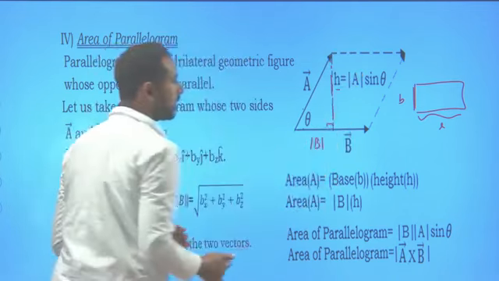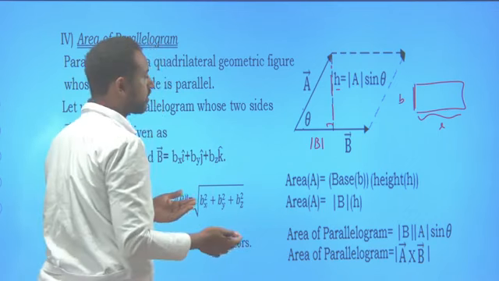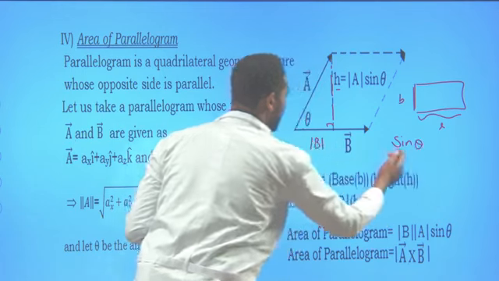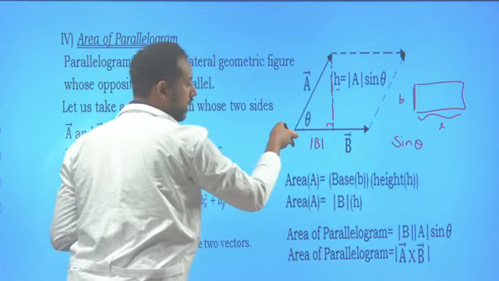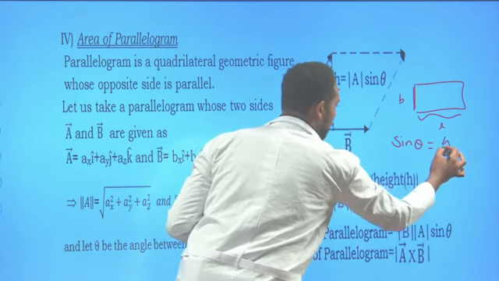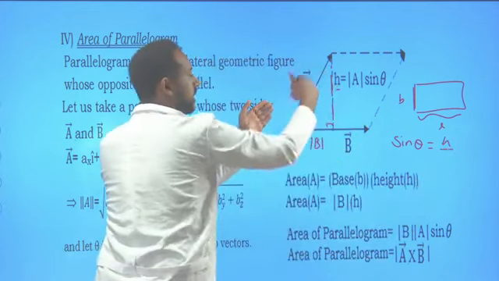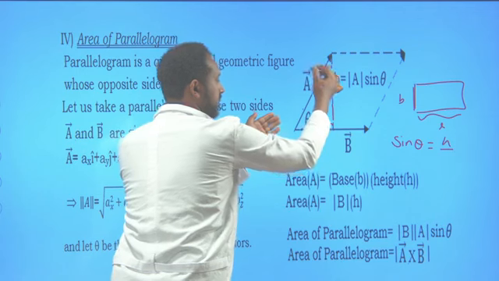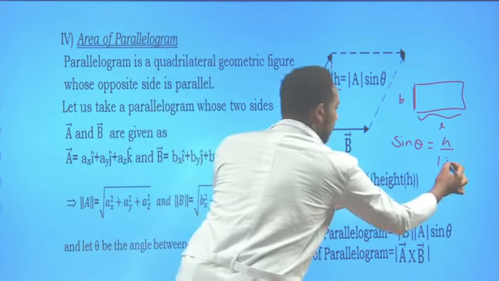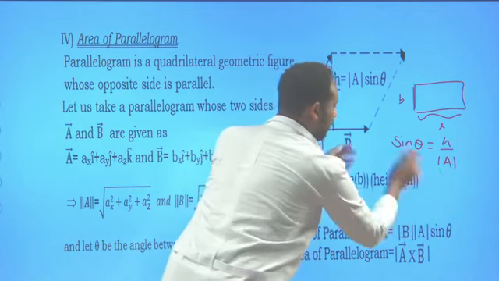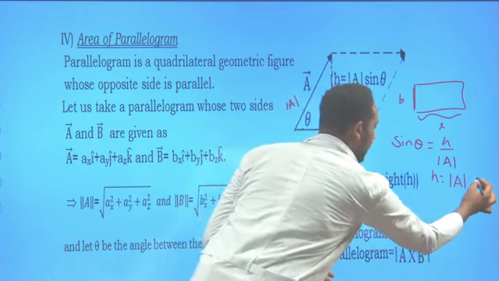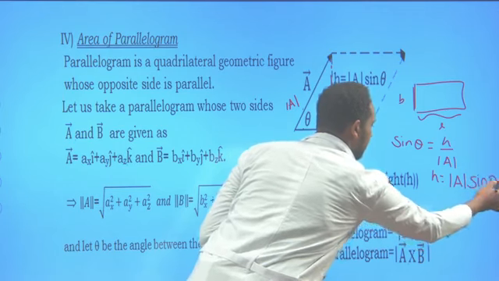The height can be determined using trigonometric rules: sine theta is opposite over hypotenuse. The opposite is the height itself, h, and the hypotenuse is the magnitude of vector A. When you cross-multiply, the height gives you the magnitude of vector A sine theta.